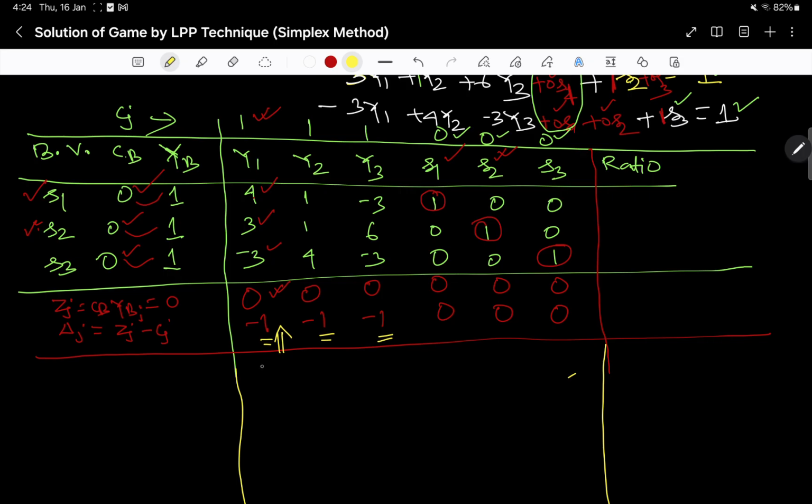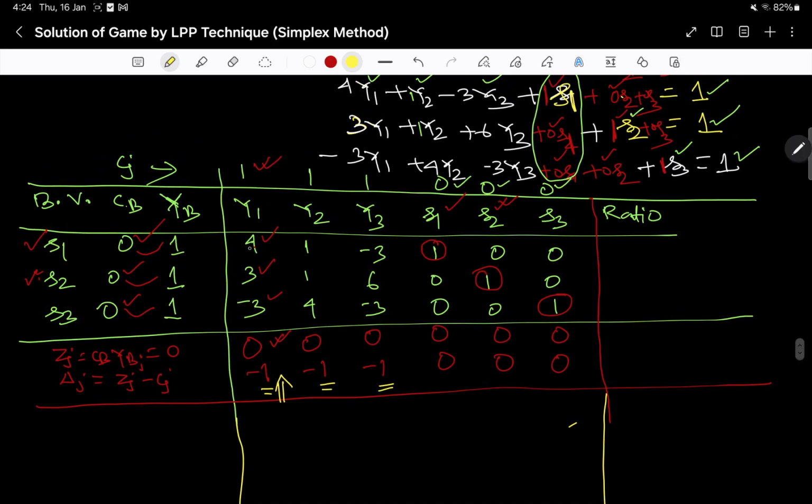Once this enters, one has to leave the basis, okay. Since these are all identical, suppose I choose this as the incoming variable, because here it is a negative one.